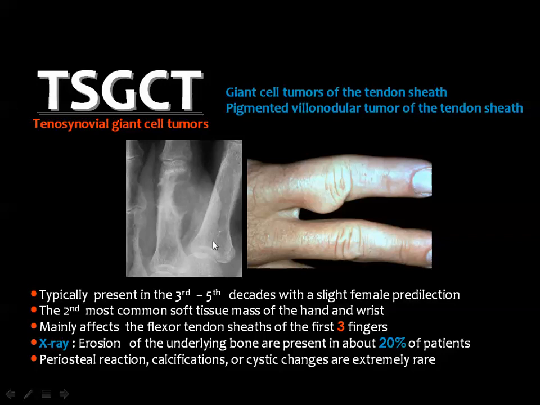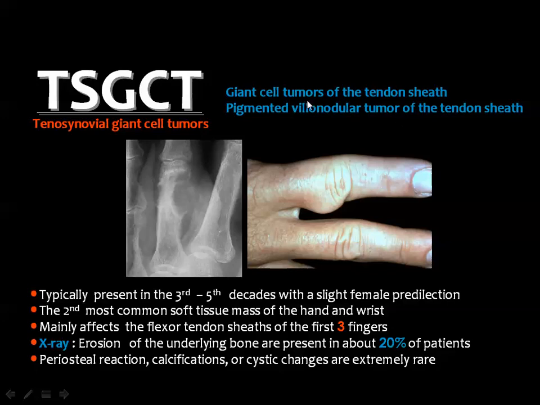Starting by the giant cell tumor of the tendon sheath, this is also known as tenosynovial giant cell tumors, which include the two topics, the giant cell tumor of the tendon sheath as well as the pigmented villonodular synovitis.